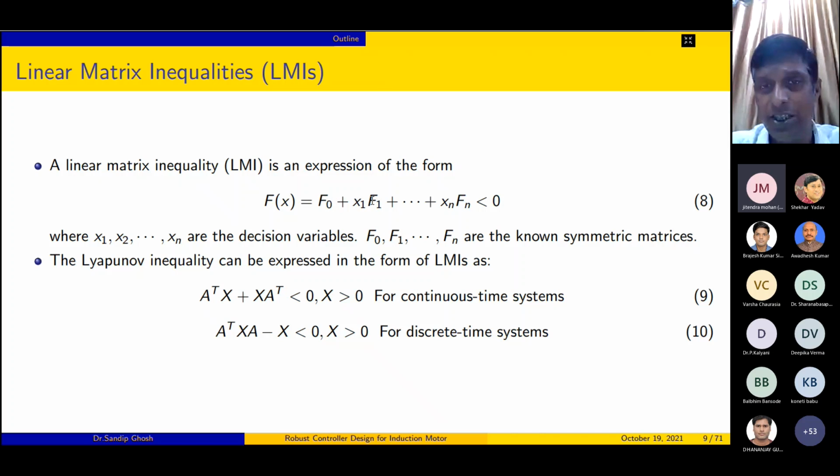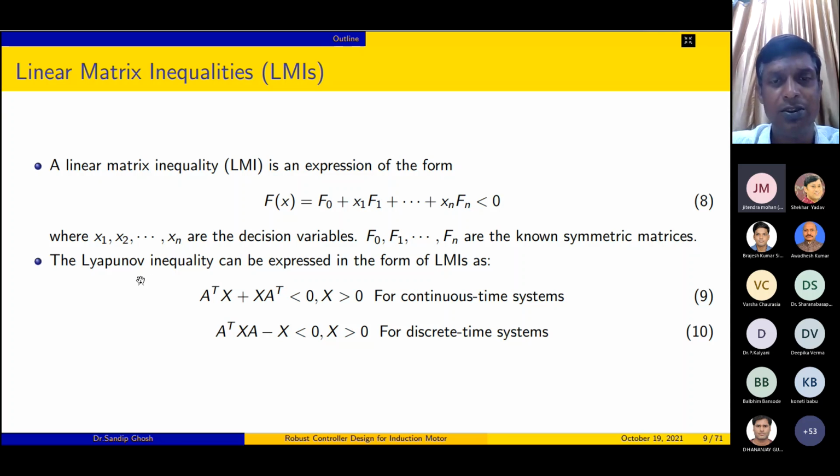Again, F0, F1 up to Fn are known matrices, and x1 up to xn are the variables that we have to solve for. So when such constraints are involved in an optimization problem, then we call them a linear matrix inequality.